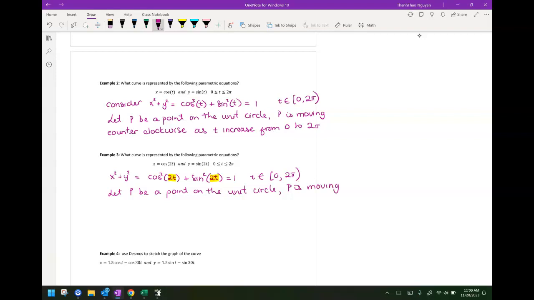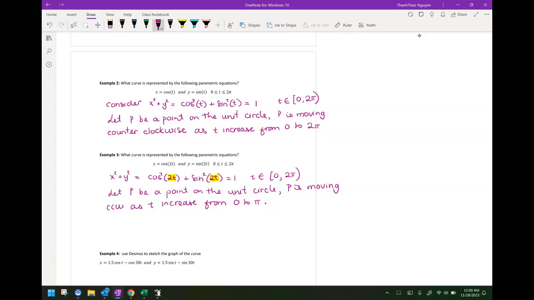And P is also moving counterclockwise as t increases from 0 to pi.